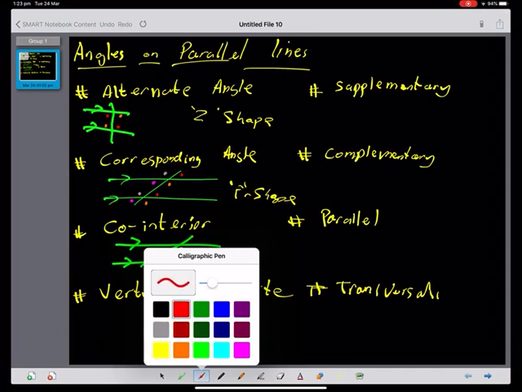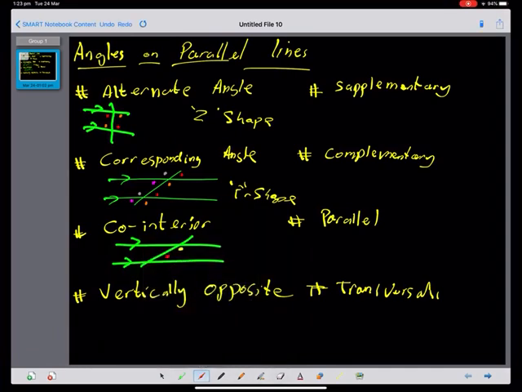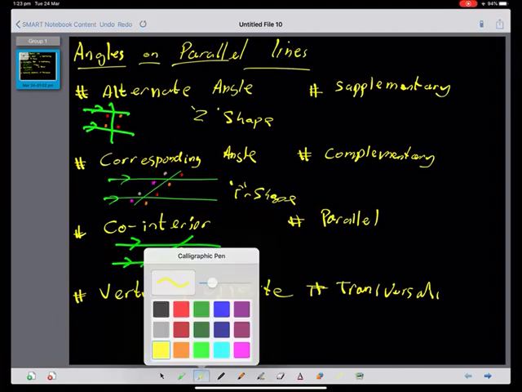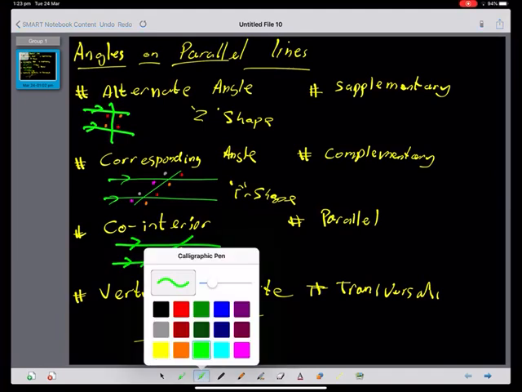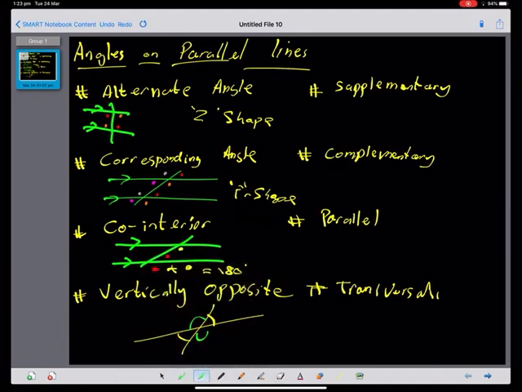Let's use a different colour. Okay, and we know that red plus yellow equals 180 degrees. Co-interior angles are supplementary. Vertically opposite, nice and easy. These angles are equal. Those angles are equal. Supplementary means sum to 180.